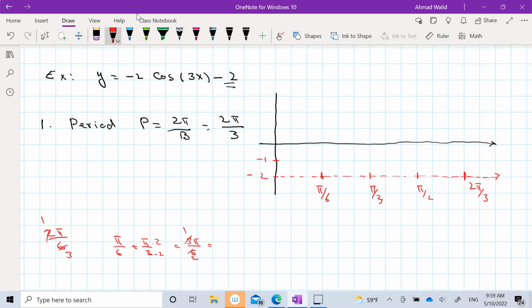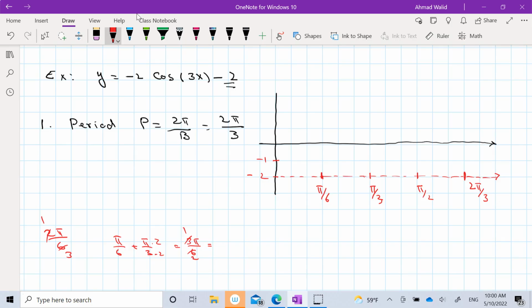You see, this calculation is really important. It's really easy. When you find the period, divide by 2 or multiply by 1/2 to get the center. Then multiply your center by 1/2. It gives you the first quarter. When you find the first quarter, add your first quarter to your center. It gives you the third quarter.